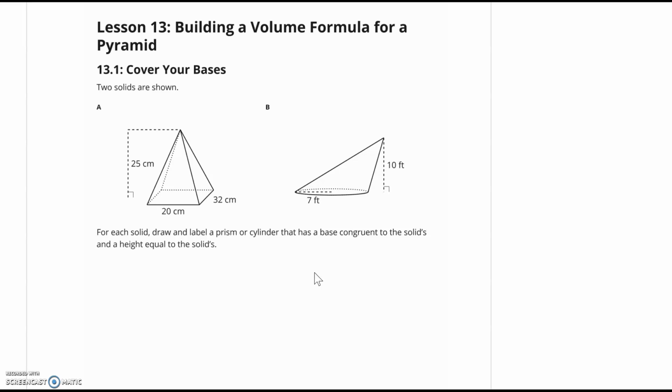For each solid, draw and label a prism or a cylinder that has a base congruent to the solid's and a height that is equal to the solid's. So if we're going to draw a rectangular prism to match this rectangular pyramid, we have to have a base that is a rectangle.